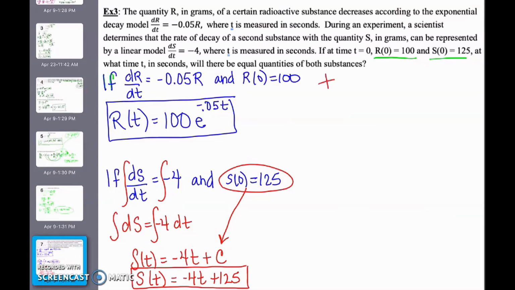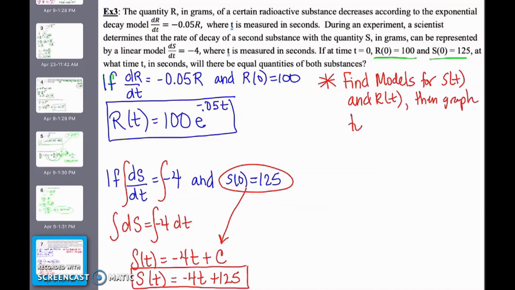So I advocate for using the graphing calculator on this one, right? We found our models. Let's write what we did. Find models for S of t and R of t. Then graph to determine the intersection, which is exactly what we're going to do.